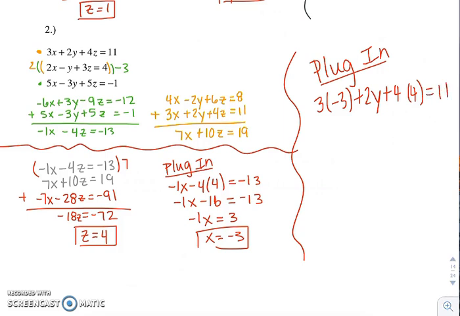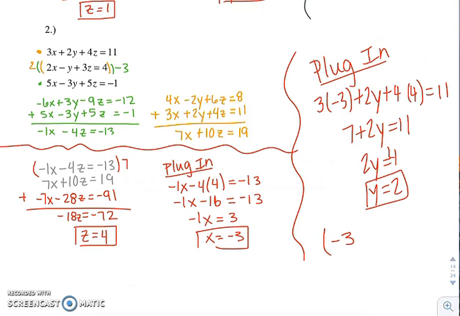So we've got 3 times negative 3, so negative 9 plus 16 gives us 7. Subtract that 7 over, we get 2y equals 4. And then divide by 4. So y equals 2. We've got all 3 of our variables. Let's write our answer as an ordered triple. X, Y, Z, negative 3, 2, 4.